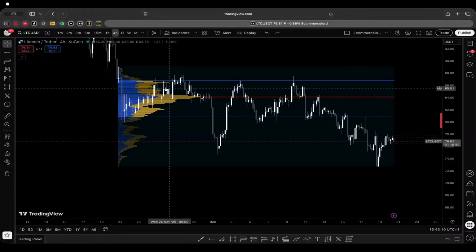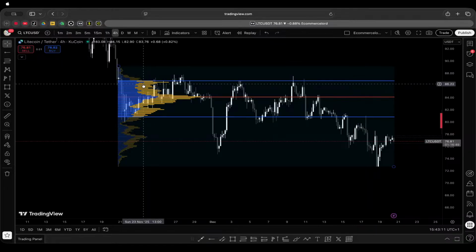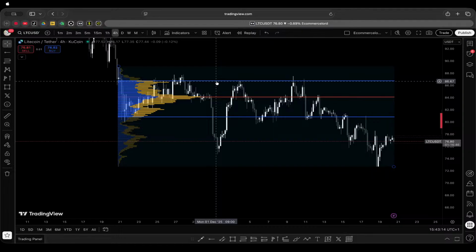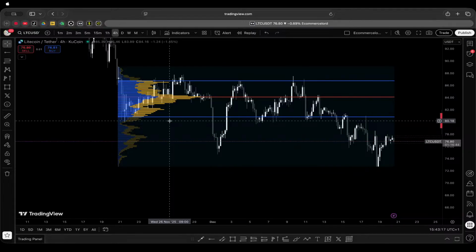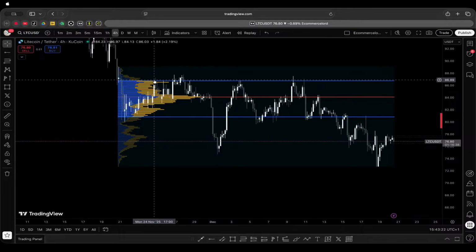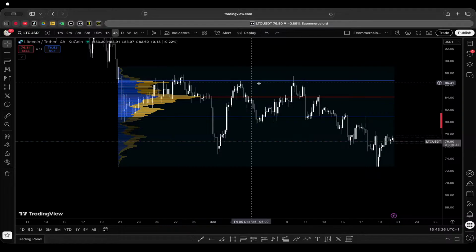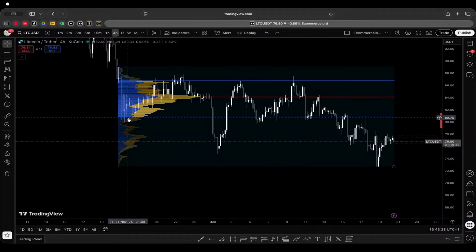Value area high, resistance; value area low, the support, take profit section. If you are steadily selling here, selling here, selling here, you don't even take a loss.